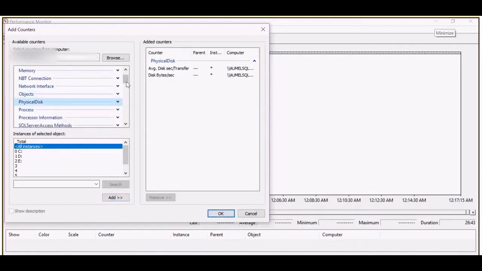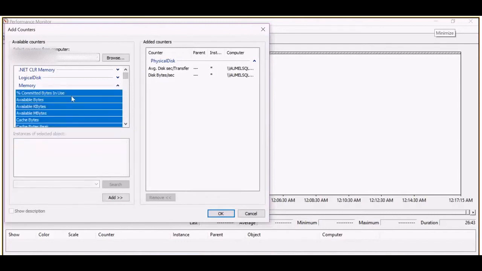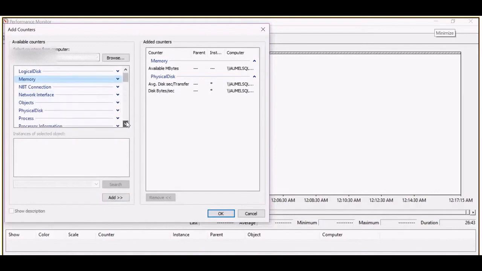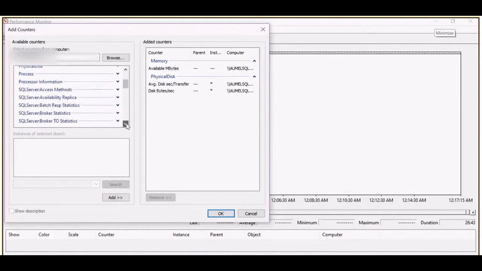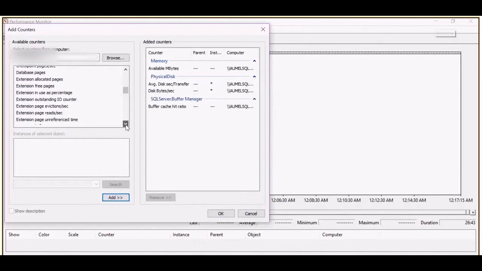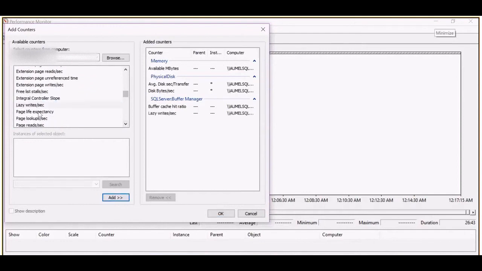There are some other counters I like to grab. If I'm in Perfmon anyway, I might as well look at these two. So memory available bytes, just to make sure we're not really low on that. And go down to the SQL stuff. Buffer manager: you can look at the buffer cache hit ratio, lazy writes per second, and I'll go into what each of these is, and page life expectancy.